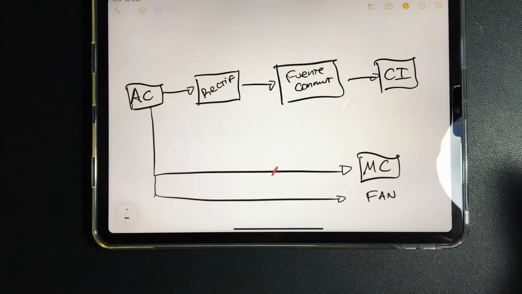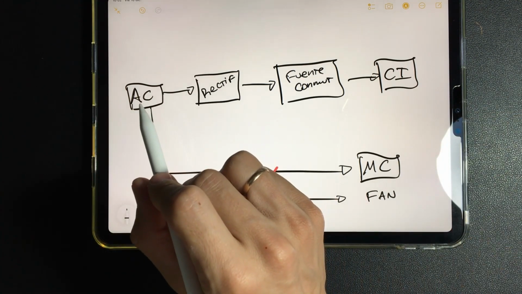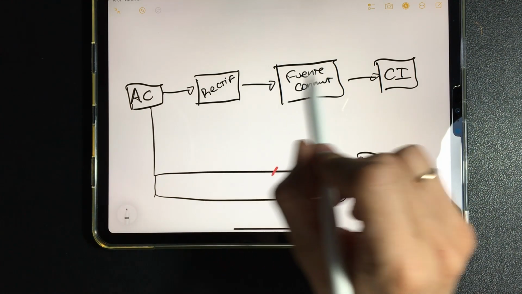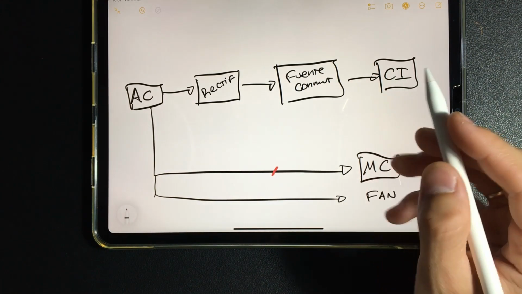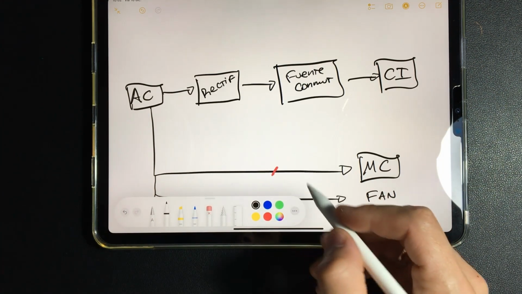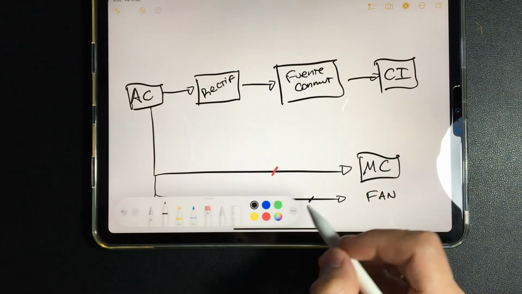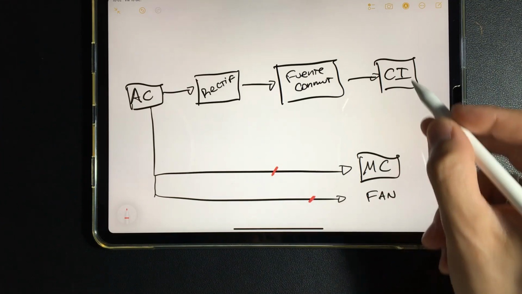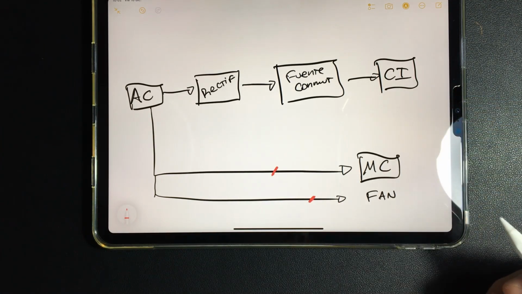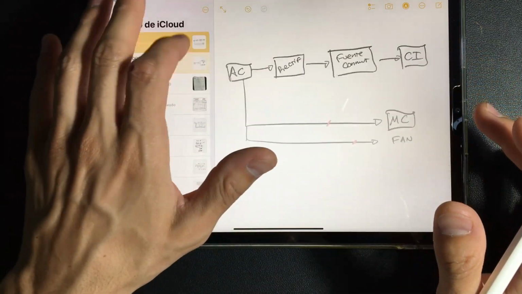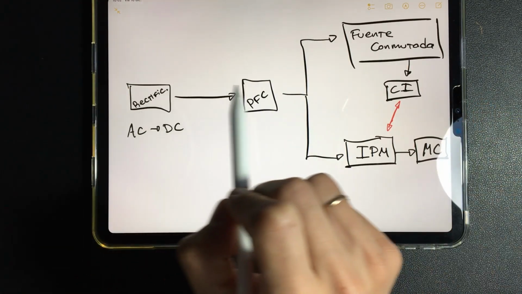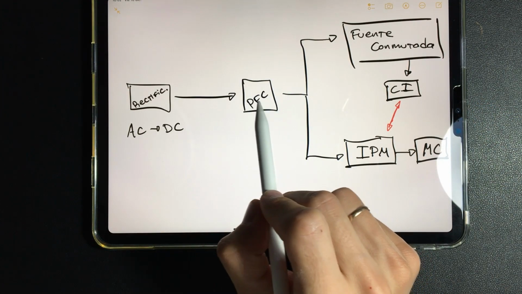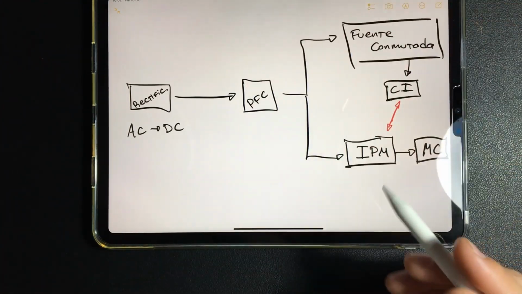Everything in the team was fed with alternating current, and we only rectified for the integrated circuit. But now, in an inverter, no. Now, a gate is what the integrated circuit commands, turning on or off. Now in an inverter, as we were talking about just now, it is rectified and the power factor is corrected for the entire team completely.